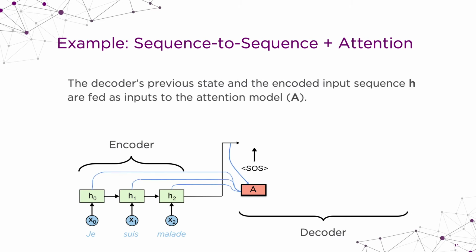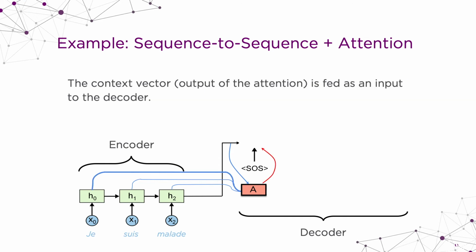So you see that attention is getting the decoder state, which actually, given that we are at the very first step, is the last state from the encoder. But attention is also looking at the various elements here, so H0, H1, H2. And we didn't specify how, but somehow attention will come up with some weights, then we will do a weighted sum, and we will end up with a context vector.